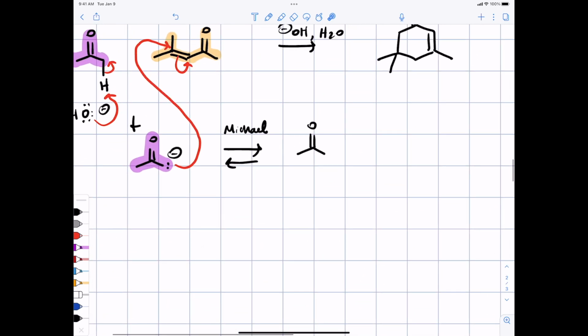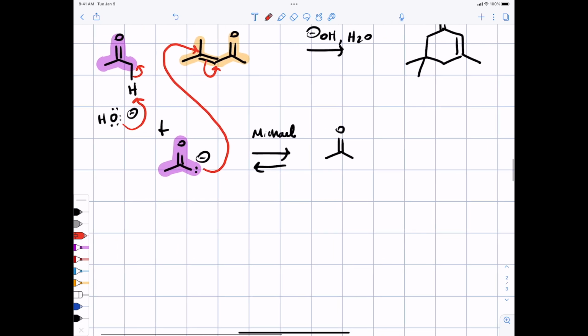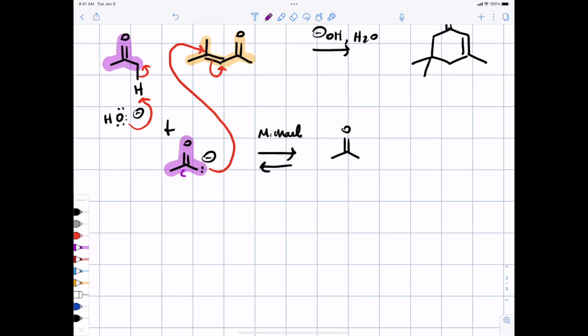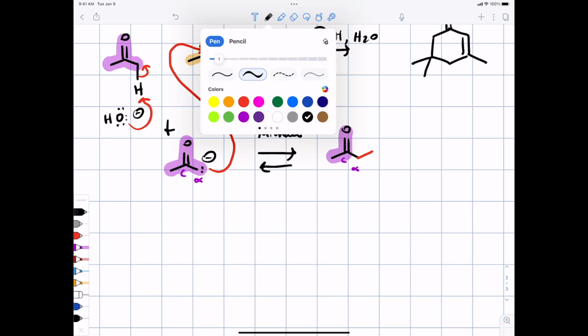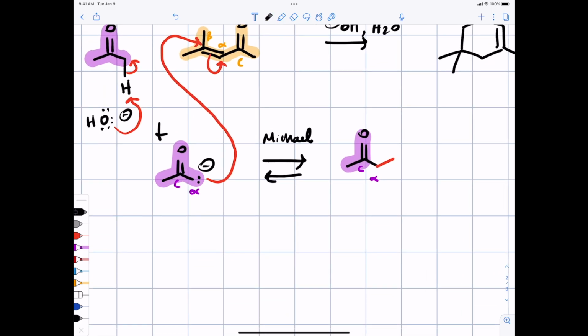All right, so if we do the Michael reaction, the bond we make is between the alpha carbon of the purple molecule and the beta carbon of the orange molecule. So I'm going to indicate that bond in red. Notice that the beta carbon of my alpha-beta unsaturated carbonyl compound has two methyl groups on it.